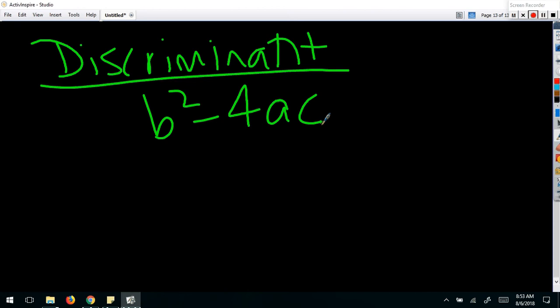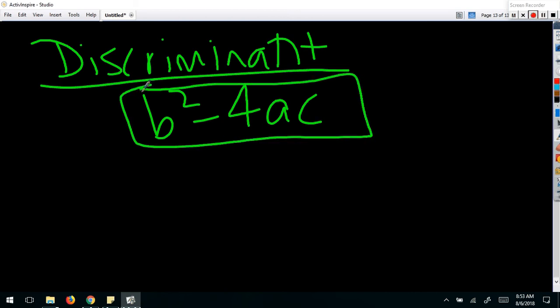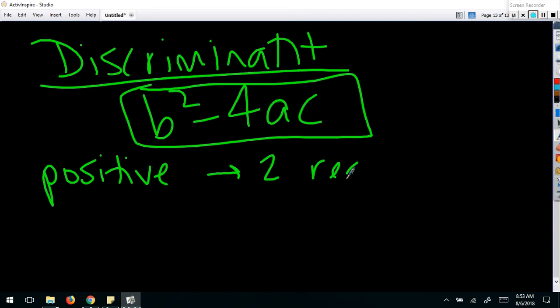And if you think about the properties of a radical, if I get a positive number here, so if b squared minus 4ac is positive, that tells me, just like it was in the example we just did, that there are 2 real solutions. Okay, so we had positive 1 on ours. Positive 1 gives me 2 real solutions, and I did get 2 real solutions there. I got 1 and 1/2.